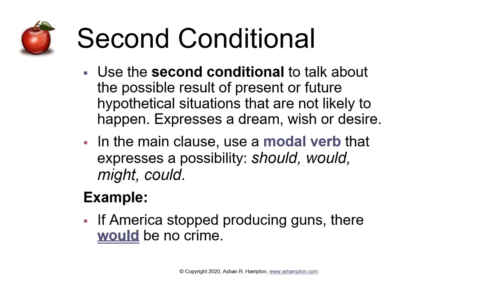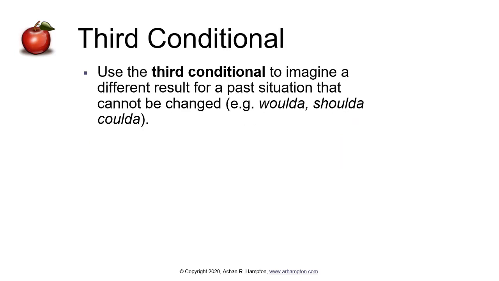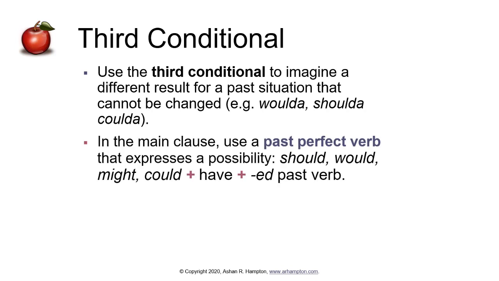But let's keep going. The fourth type of conditional statement is third conditional. Use the third conditional to imagine a different result for a past situation that cannot be changed. For example, shoulda, woulda, coulda. Have you heard people say that? Or woulda, shoulda, coulda, as it says here on the screen. In the main clause, use a past perfect verb that expresses a possibility, such as should, would, might, could.